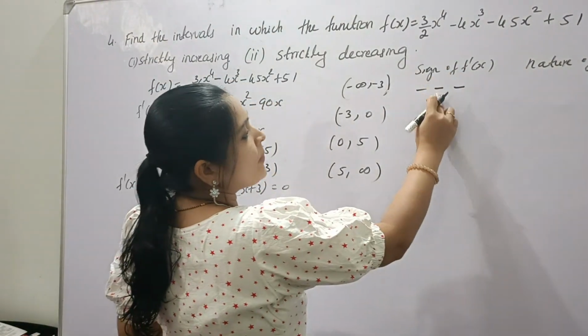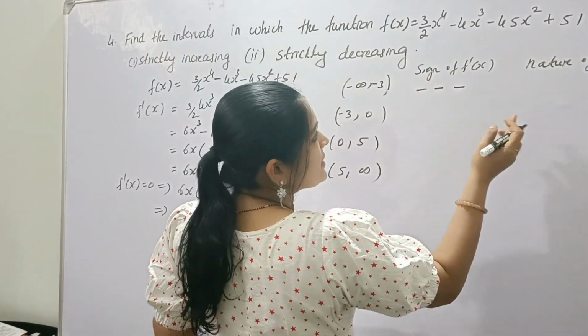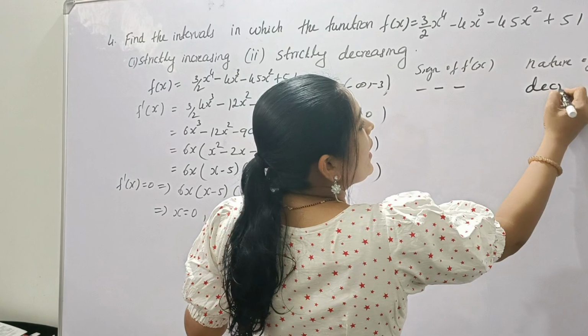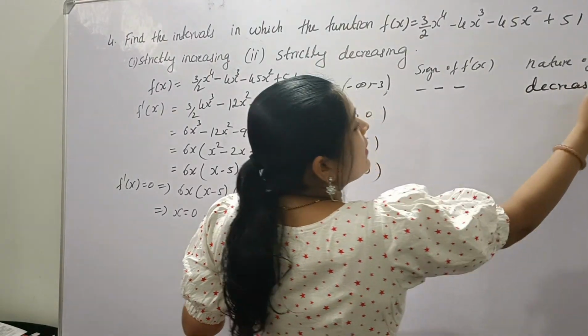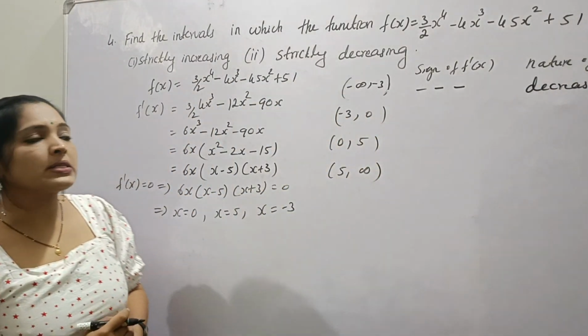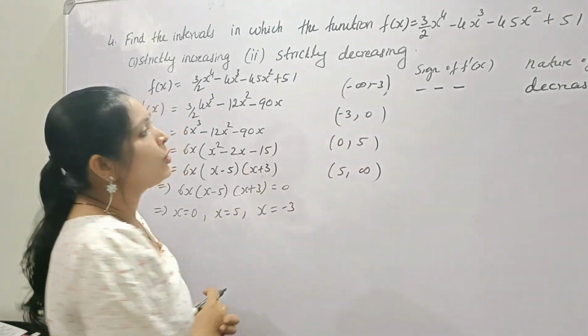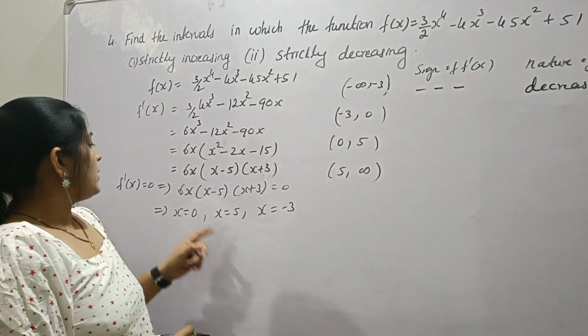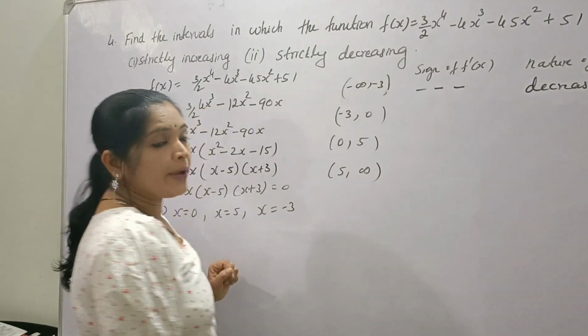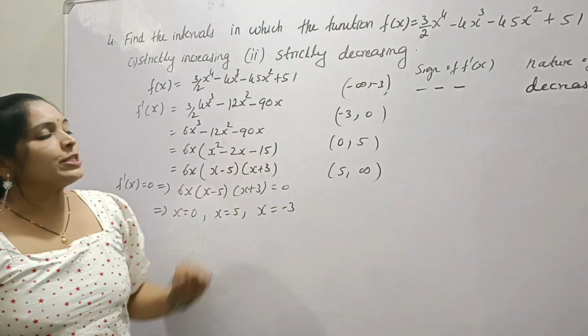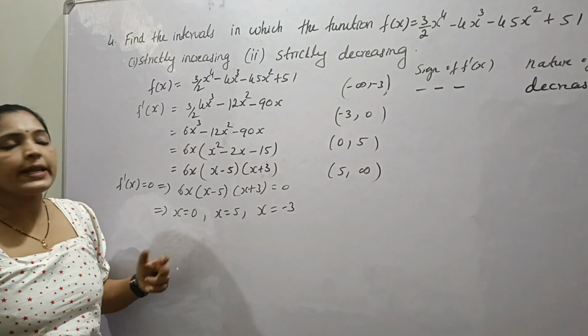So minus into minus into minus gives minus, meaning decreasing. F dash of x less than 0 means the function is strictly decreasing.